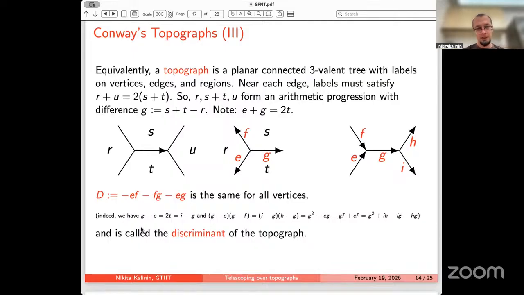This is just some local computation. You look at two neighboring vertices, you denote the edges like that, and then, using these definitions, you see that D for this vertex and D for this vertex are just the same. And so it is called the discriminant of the topograph, and it is naturally the discriminant of the corresponding quadratic form.